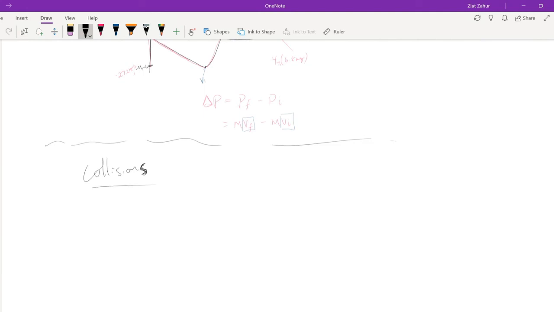Collisions: we have elastic, and by definition, both momentum and KE are conserved. Then we have inelastic collision, where only momentum is conserved.